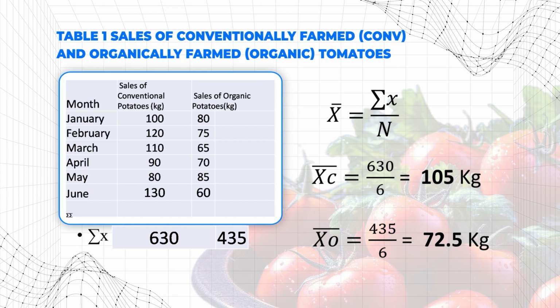So for conventional potatoes, the summation of x is 630. It is divided by 6 and we get 105 kg. Similarly, for organic potatoes, the total 435 is divided by 6 and we will get 72.5 kg.